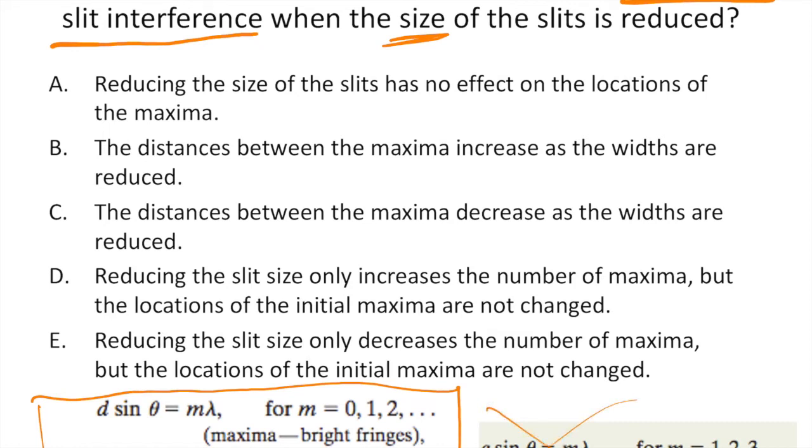For double slit interference, what happens to the maxima when the size of the slits is reduced? The size of the slits is a. So what happens to these equations when a changes? There is no a in either of these equations.